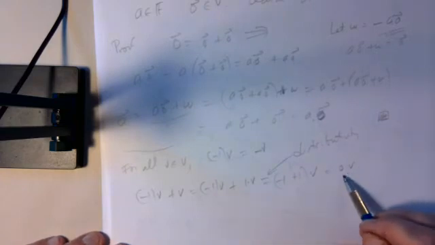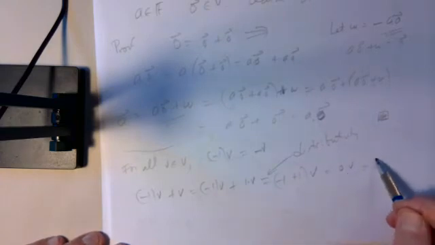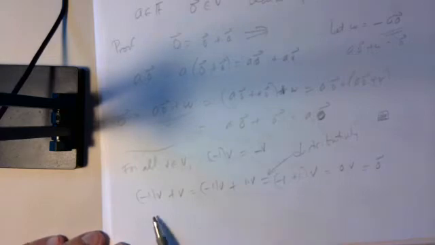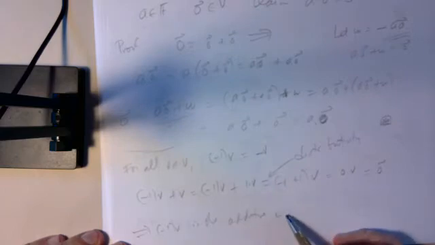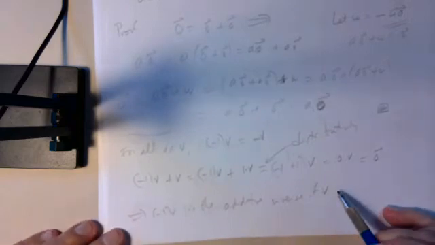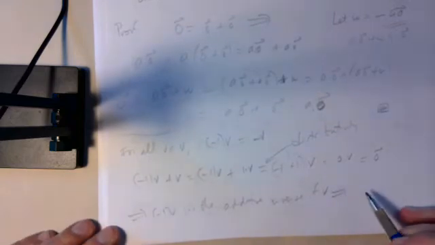And we just showed that 0 times any vector is the zero vector. So -1 v is the additive inverse of v, which, we proved, is unique.